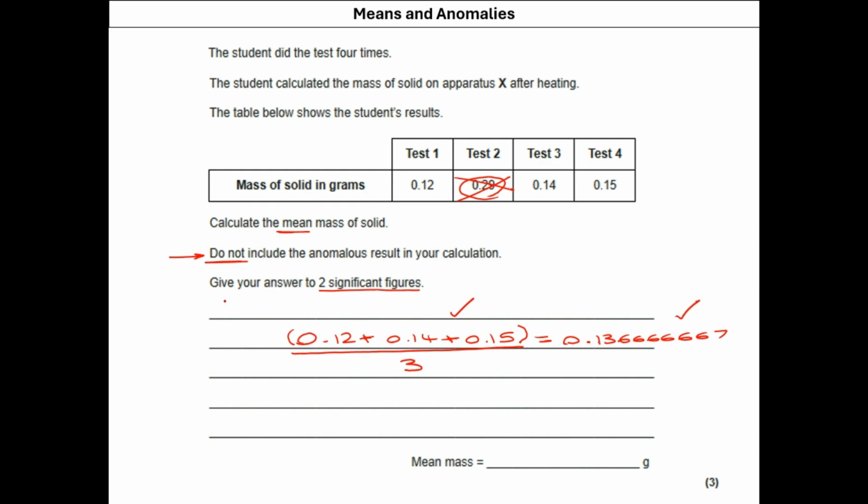But it does say give your answer to two significant figures. So the first 0 is not a significant figure. So my two significant figures are the 1 and the 3. However, the next number is 6, so I need to round up. So rounding up, that's going to become 0.14. There's my third mark. But as I've said, the question was nice because it told me to ignore the anomaly.